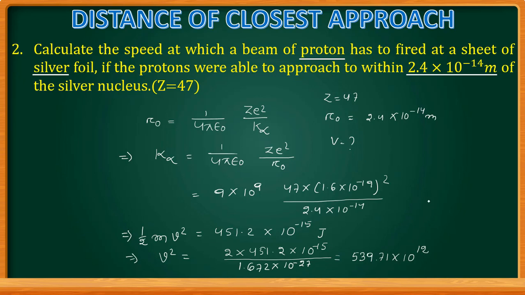So to find out V, we take the square root, and this becomes 23.21 into 10 power 6, and this is meter per second. This is the required answer, the velocity of the proton. This is all about the lecture.